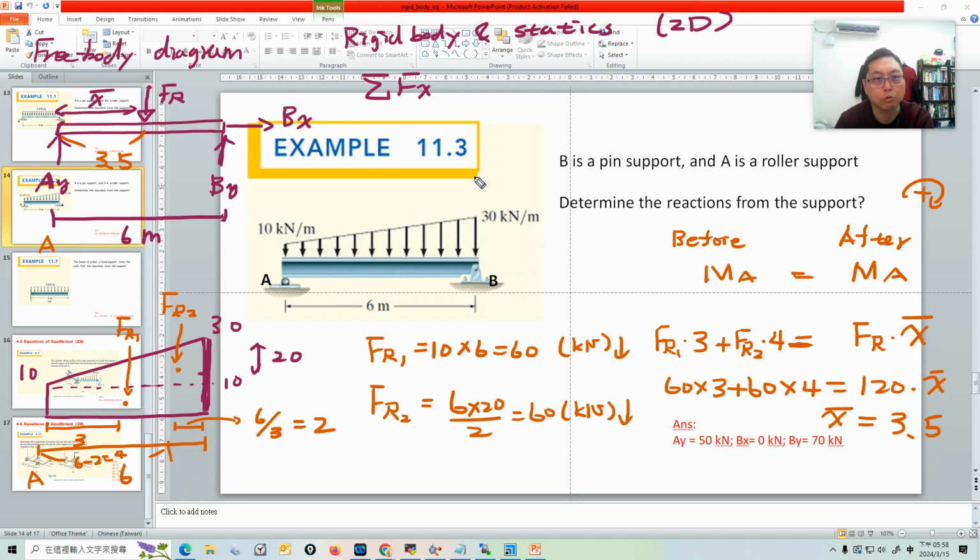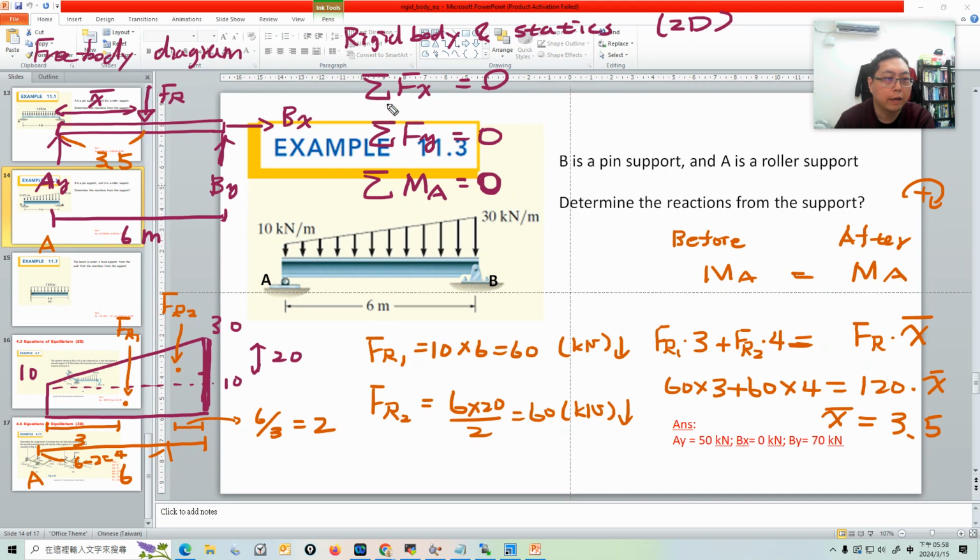Don't forget rigid body statics: the sum of resultant forces in the x direction equals 0, in the y direction equals 0, and the moment, with A as the reference point, the sum of moments about A equals 0.